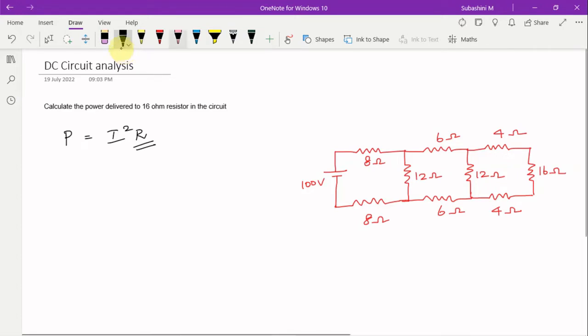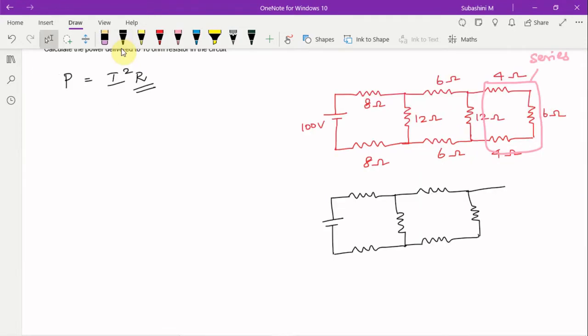Let's do the problem. First, the 4 ohms, 16 ohms and this 4 ohms are all connected in series, so I am going to reduce this circuit as follows. This resistor combination, 4 plus 16 plus 4 ohms, gives 24 ohms.